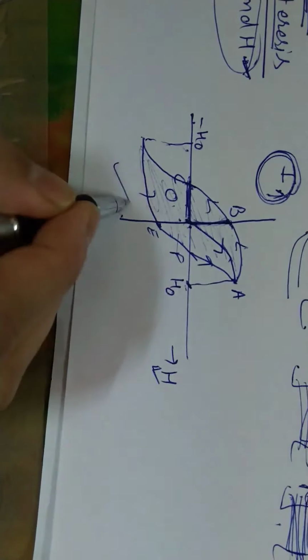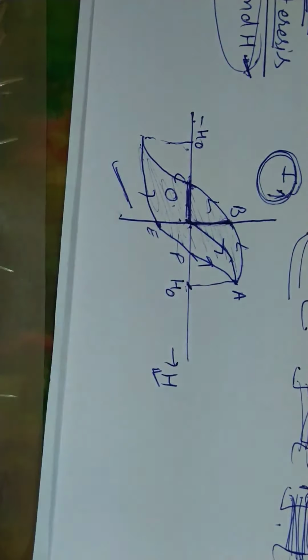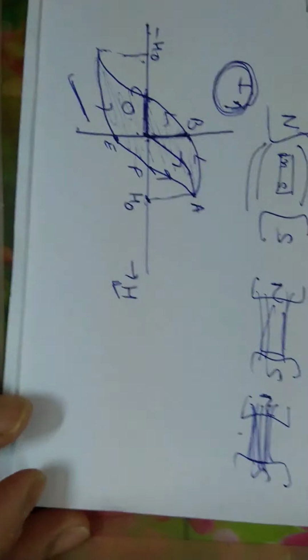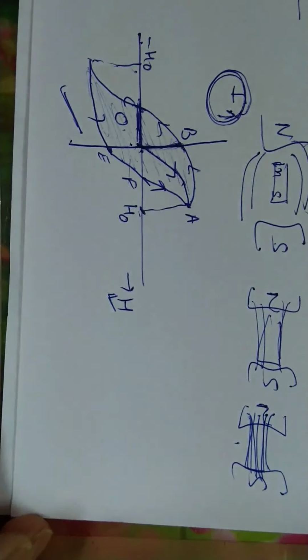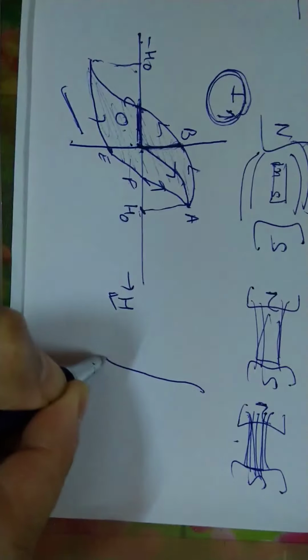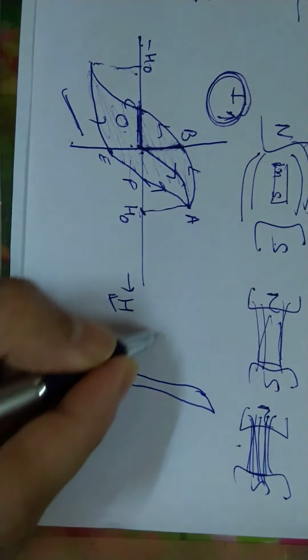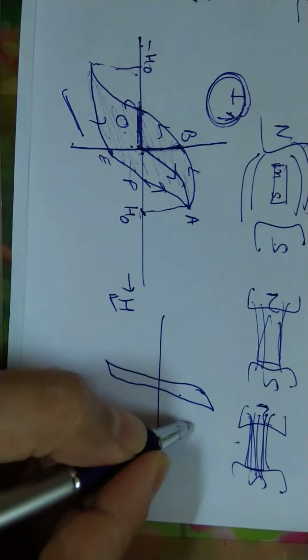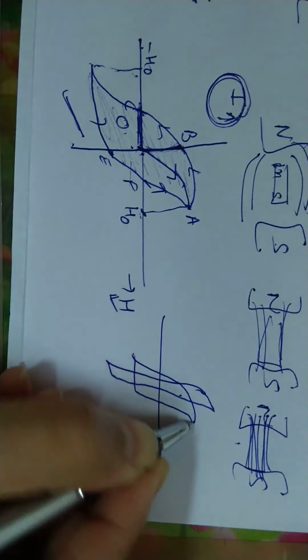On the basis of this hysteresis loop or curve, we differentiate the materials and select them for different purposes. This is the hysteresis curve for soft iron and the hysteresis curve for steel.